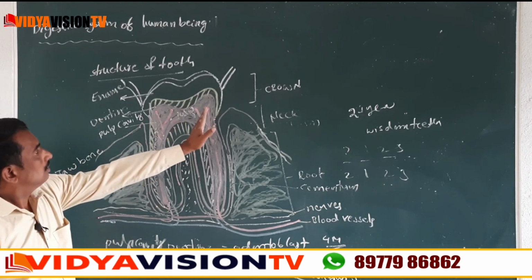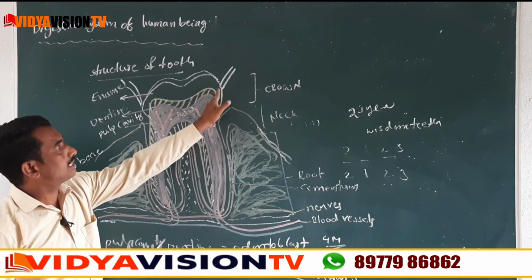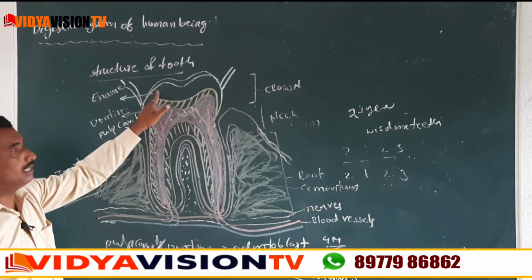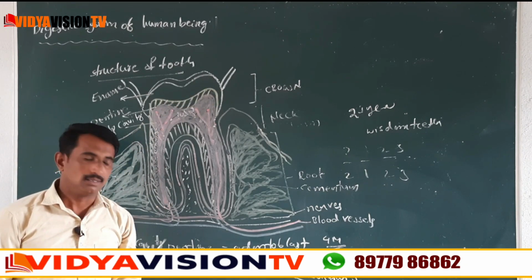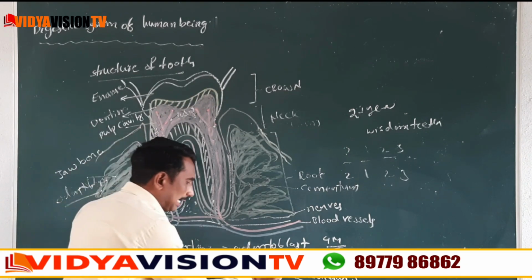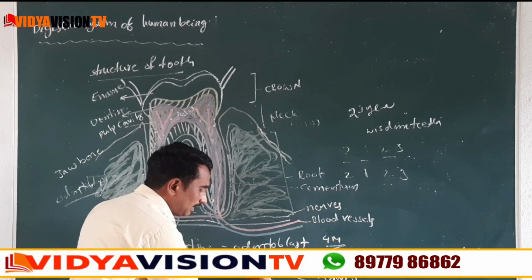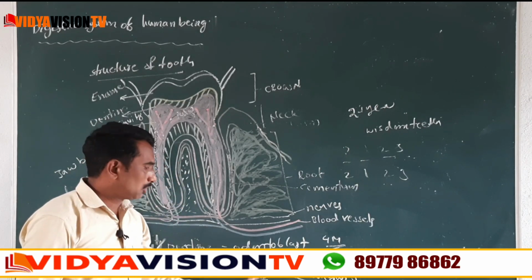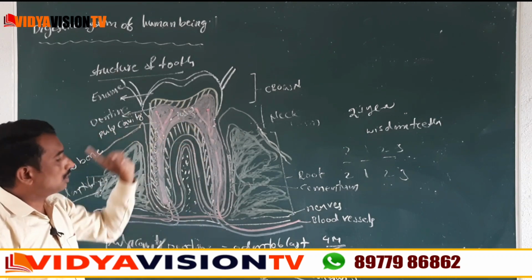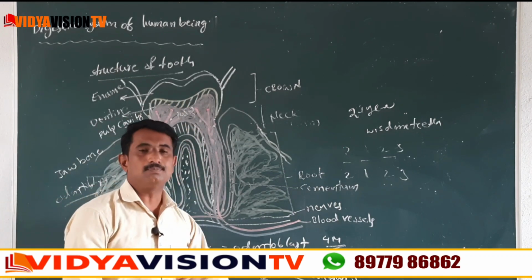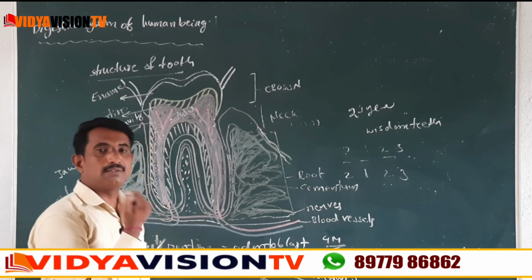Next, the dentine of the crown is covered by the enamel, the whitish part of the tooth. That enamel originates from ameloblast cells of ectoderm. So the tooth originates from the ectoderm and mesoderm layers. This is very important for 2 marks questions, children.